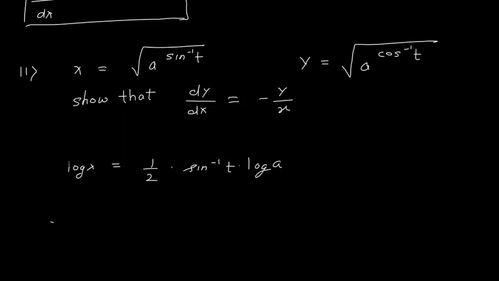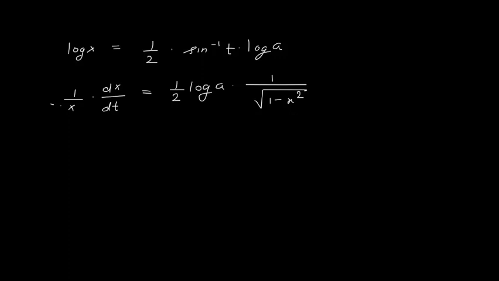So therefore 1 upon x into dx upon dt will be equal to 1 upon 2 log a into derivative of sine inverse t, which is 1 upon root of 1 minus t square.